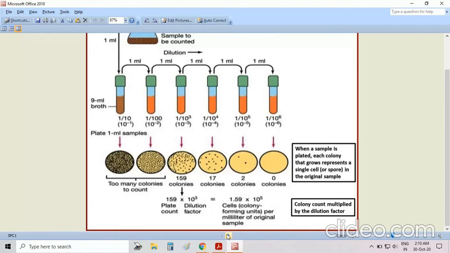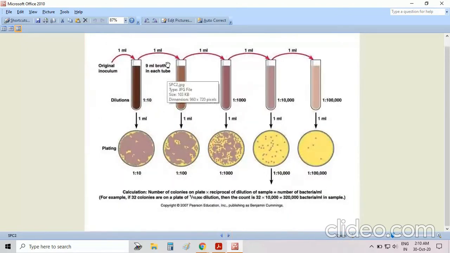Let's move further. See, one more figure you can understand is the dilution. These are the test tubes: the first tube is the original water sample. As we go from left to right, the water is getting diluted and diluted. At the bottom there are petri dishes, and in every petri dish we take nutrient agar in liquid form and then add the water sample. After adding, one more thing you have to do: the colonies are not formed suddenly.